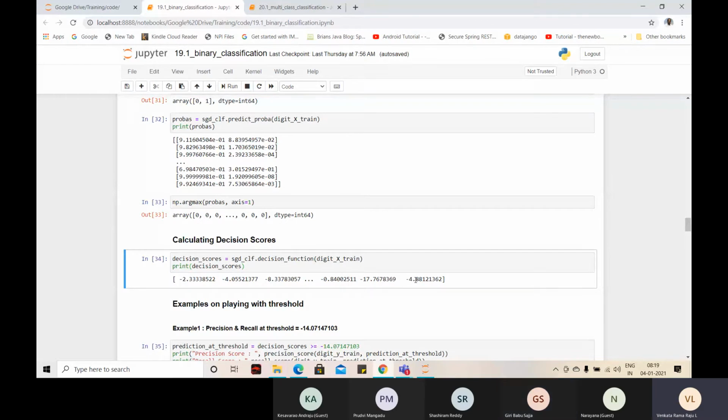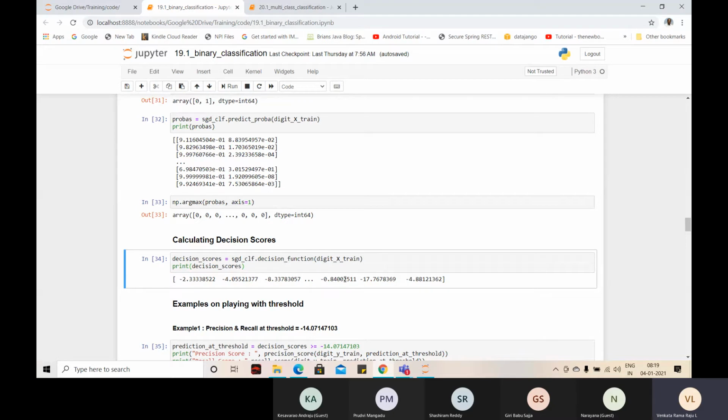I was talking about multi-class and binary mixed up. You are talking about only binary. In a binary classification problem, if the record belongs to 5, the decision score is going to be positive. If the record belongs to not 5, it is going to be negative. Do you agree? Yes, sir. In a multi-class setup also, the same thing will happen.